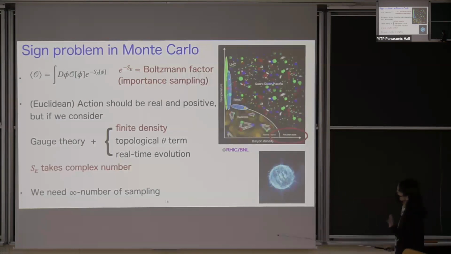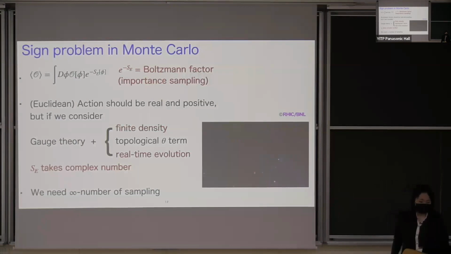In principle, we can obtain the phenomenology of the neutron star from the QCD action. This is a dream. And also real-time evolution of QCD is directly related with collider physics.